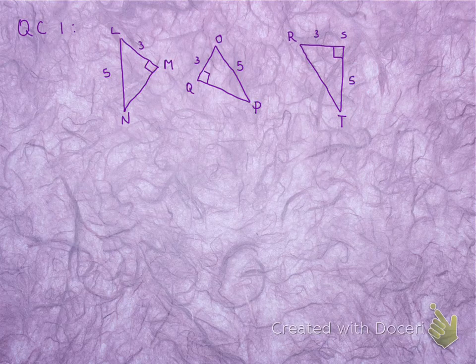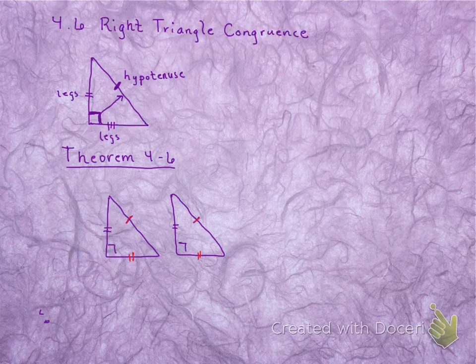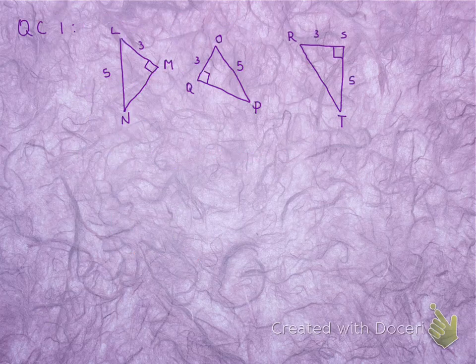So let's reiterate, theorem 4.6 is the HL theorem, hypotenuse leg. Quick check 1 says which two triangles are congruent by the HL theorem, and write a correct congruence statement.